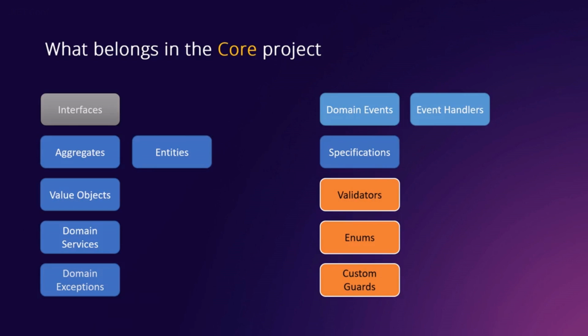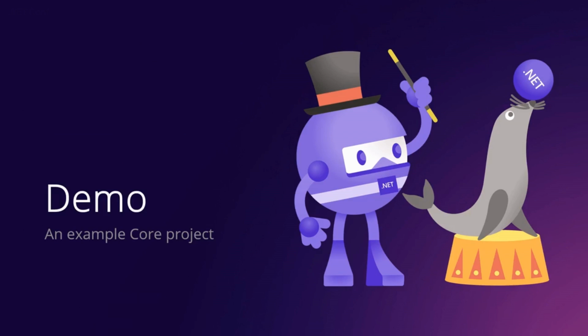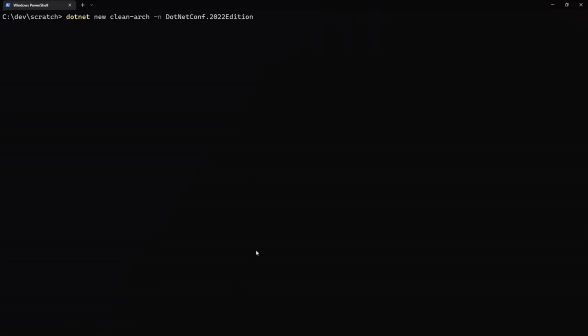So with that, let's do a quick demo of the core project as well as how to get this template set up. So I'm going to go ahead and just bring up the terminal here. I have not installed the template yet, so I'm going to do that right now in my Scratch folder. I've installed the template on my local machine, but I haven't created a new project from the template.